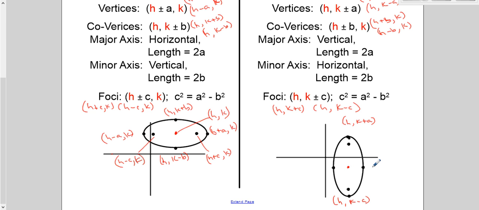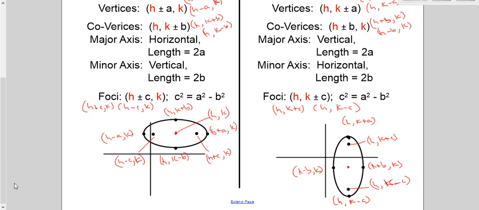Going sideways, you're going to have (h plus b, k). Going left, you're going to have (h minus b, k). Your foci will also go up and down along the major axis. So you're going to have (h, k plus c). And moving down, you're going to have (h, k minus c).